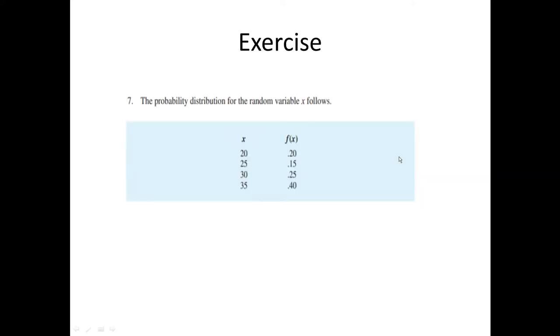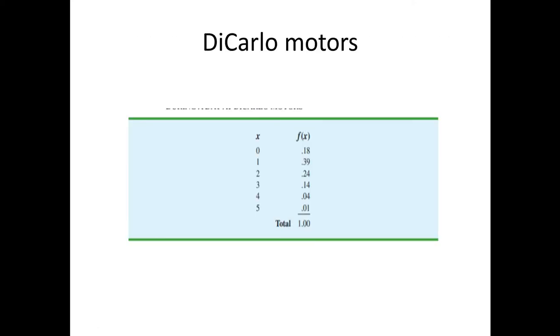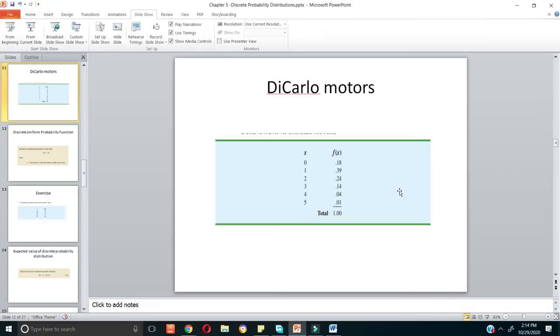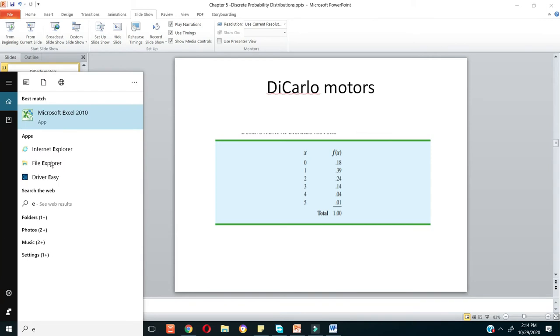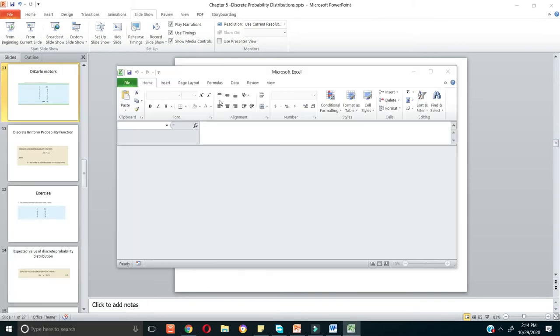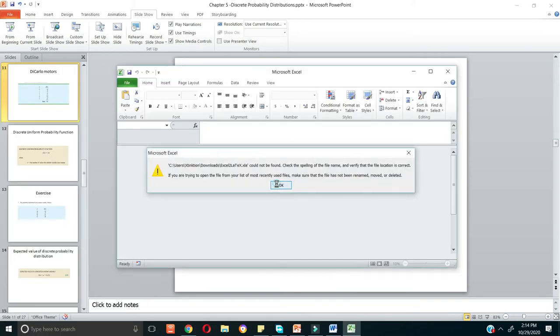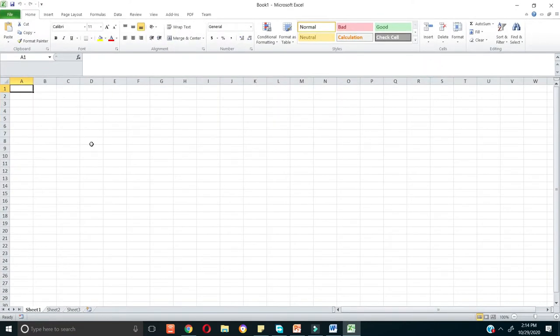If you go back to our Carlo Motors example, I'll just show you how to compute this in a bit with Excel. Remember, in this case, x, the random variable that we are tracking, is the number of cars that are bought in a given day.